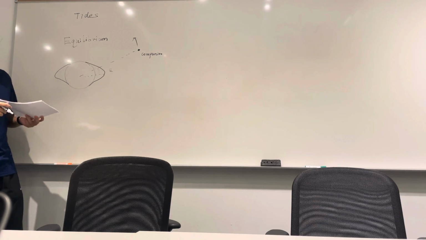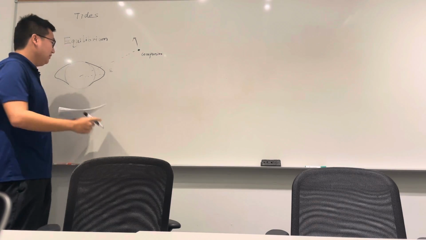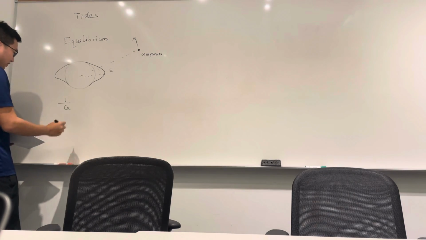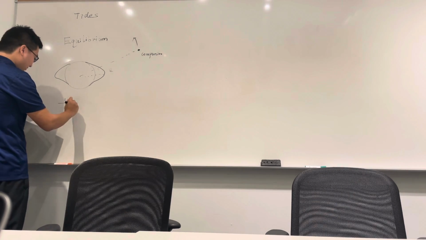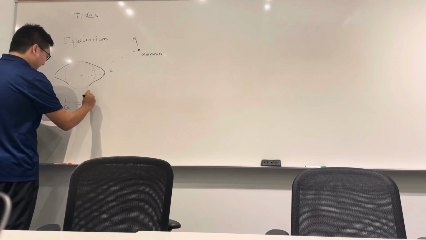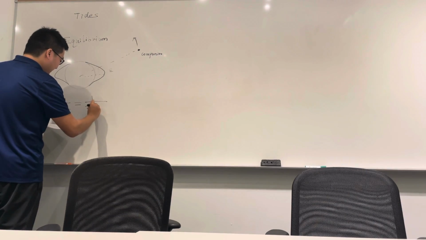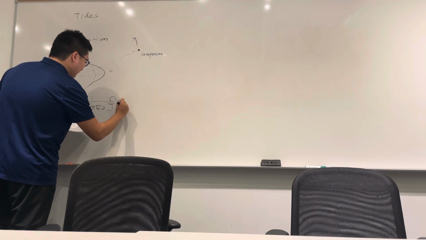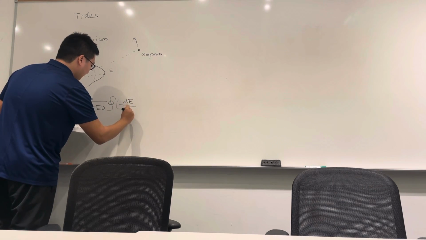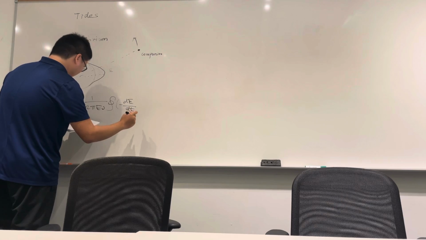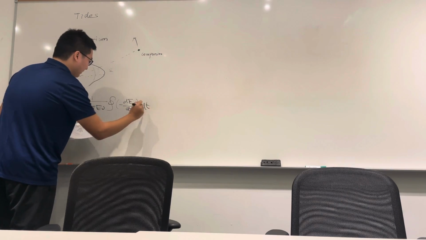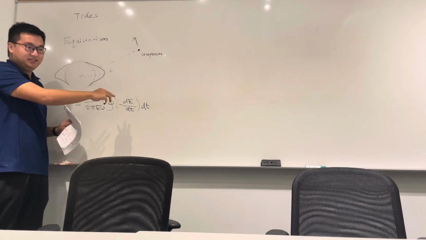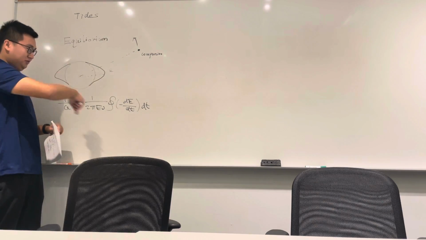there's a defined quantity called the tidal quality factor. 1/Q, where Q is the tidal quality factor, is defined by an integral of the total energy dissipated during a cycle.